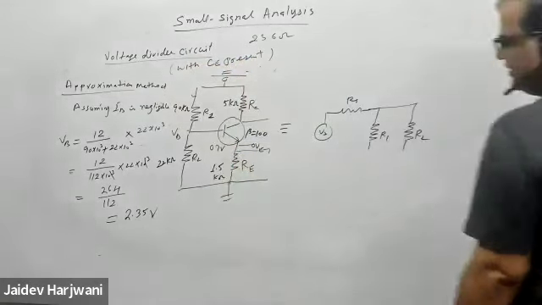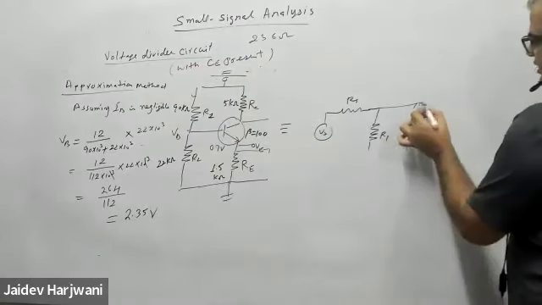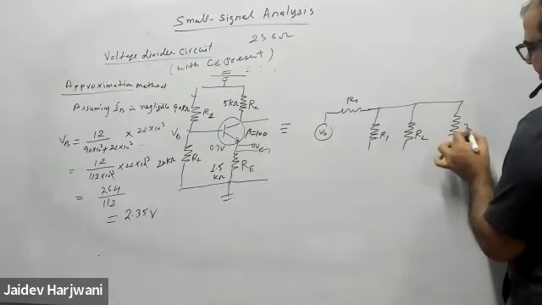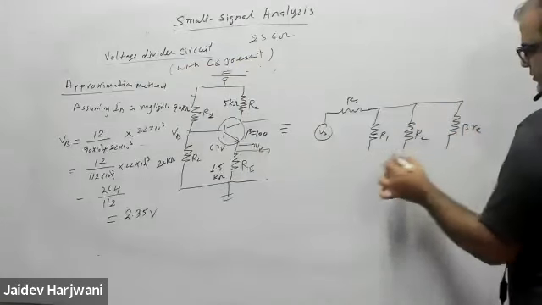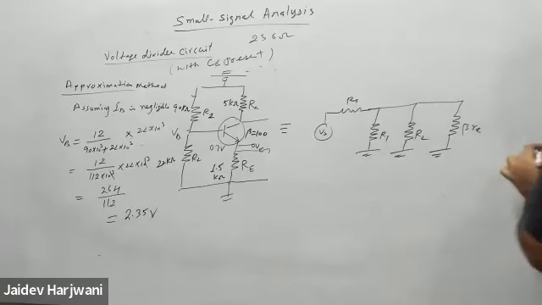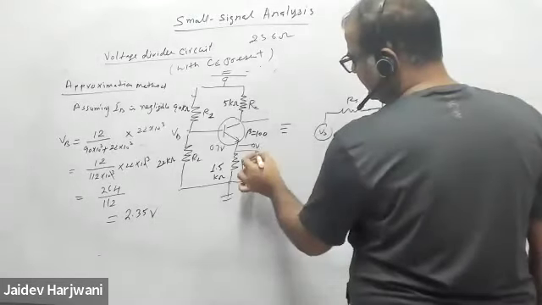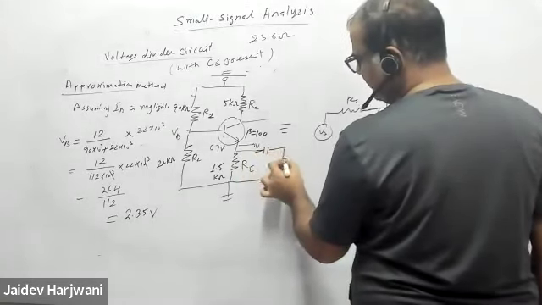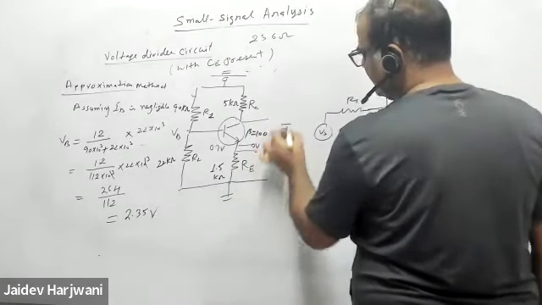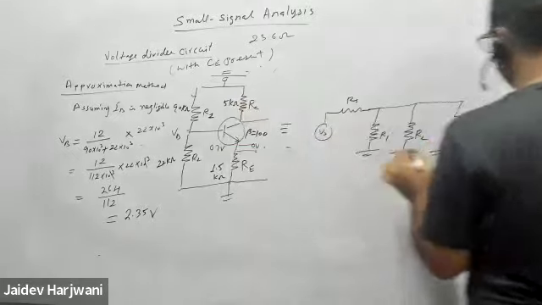So RE will be removed. So you will only have beta re. Your circuit here is just beta re. And outside this circuit, you have a capacitor and you have RL, which is connected to ground.